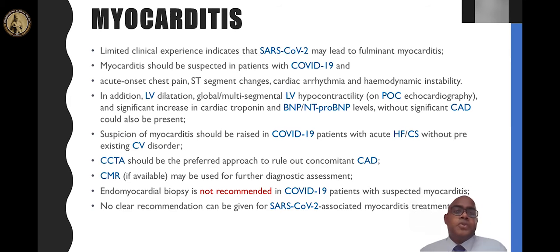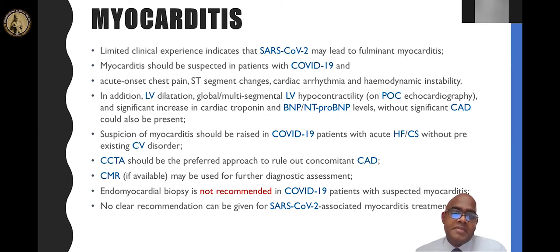Then we'll go into the subsequent cardiac involvement in COVID patients. Myocarditis is one thing. COVID could rarely lead to fulminant myocarditis, and myocarditis should be suspected if the patient has acute onset chest pain, ST elevation or ST segment changes, cardiac arrhythmias or hemodynamic instability.